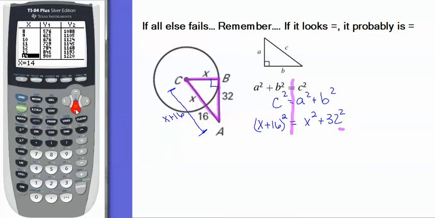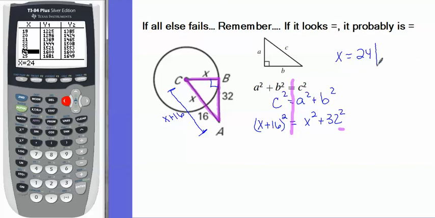I can sit here and scroll to see if they're going to match if I wanted to. Now, I see that right here, they're both 1600, 1600, and where does that happen? X is 24.